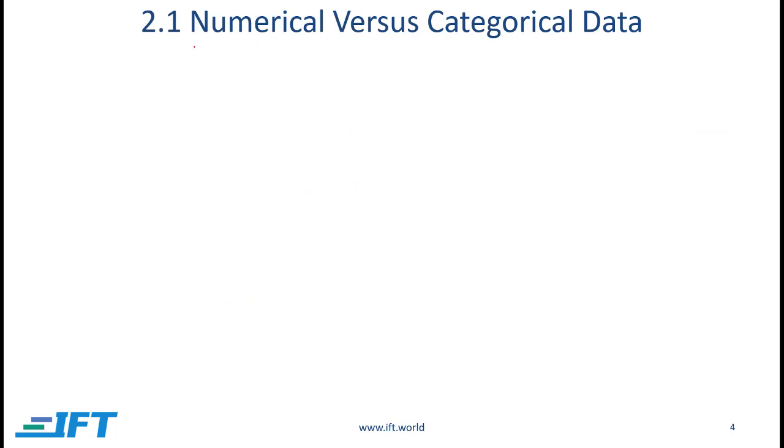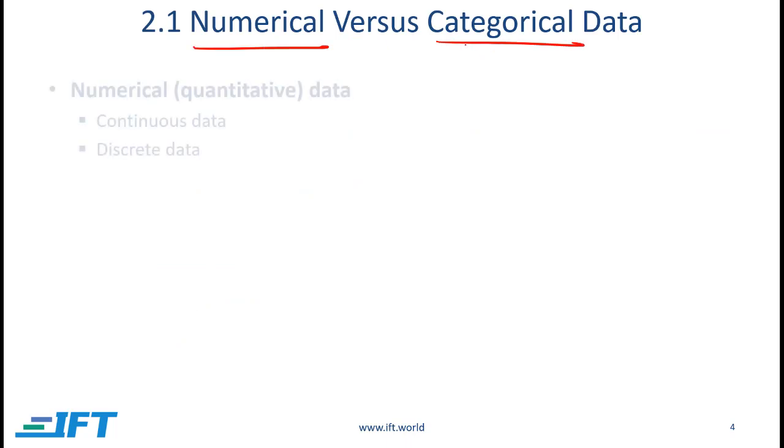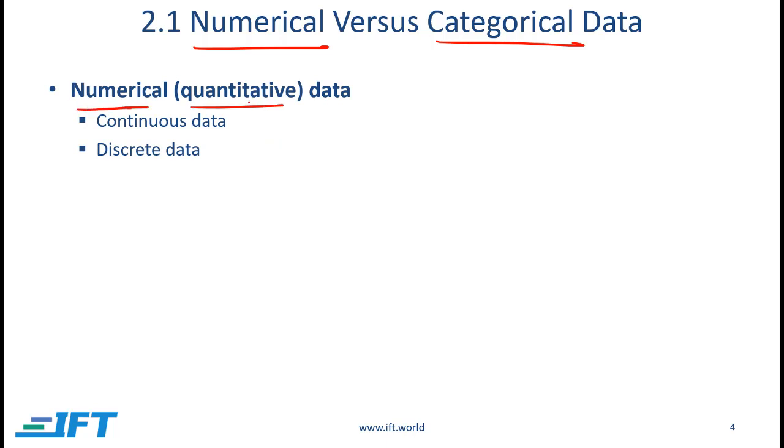Let's start with numerical versus categorical data. Numerical data is also called quantitative data. This is where values represent measured or counted quantities as numbers. Numerical data can further be classified as continuous data or discrete data.